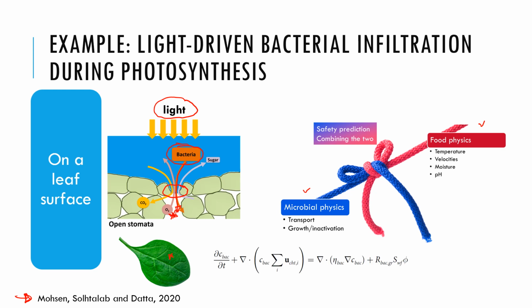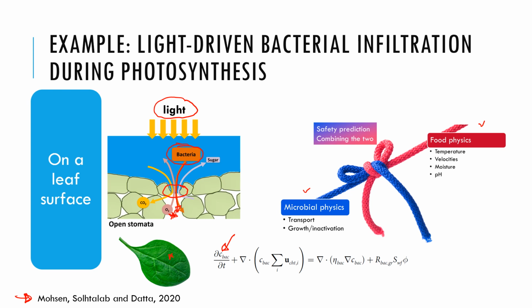This complex process, however, can still be studied in the context of the bacterial transport equation, where we can obtain the concentration of bacteria at any time or at any position, treating the bacteria as a species.